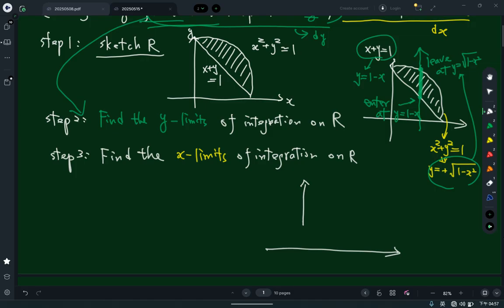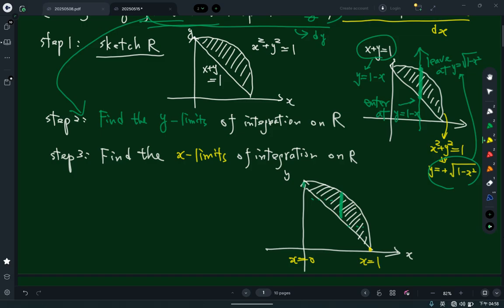Right now we still focus on this region, but now we already know how to collect this slice, right? Then we can collect them from x equal to 0. For x equal to 0, we will have this point. Then gradually we collect, here x equal to 1.